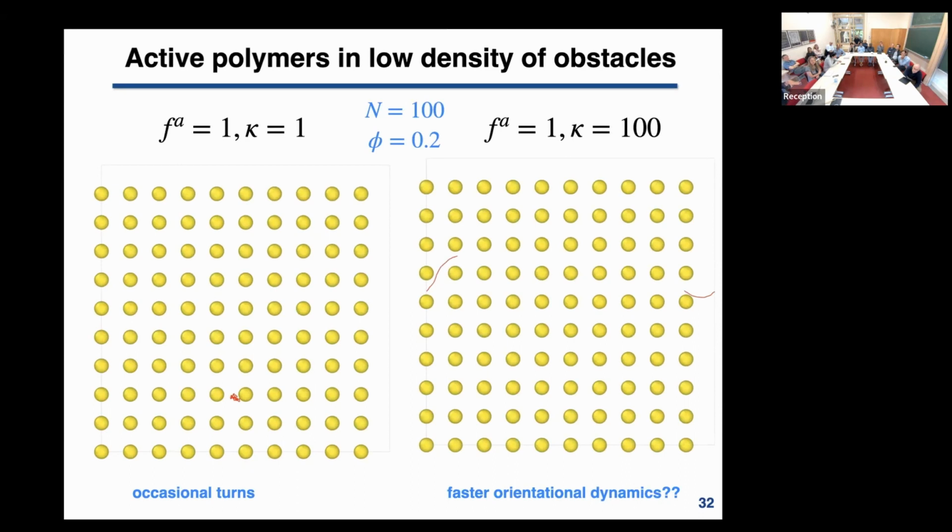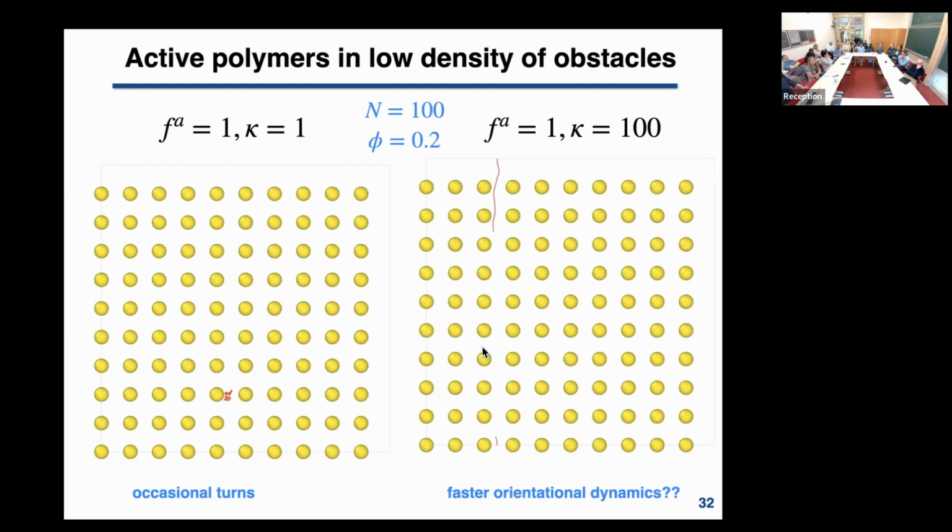But I show you here a relatively low packing fraction of the obstacle, and you can see from the movies, actually not much happening. So I will show you, but I will not focus on it, because the obstacle spacing is big enough that they can easily go around the free space, and collisions barely affect the overall dynamics of the polymer.